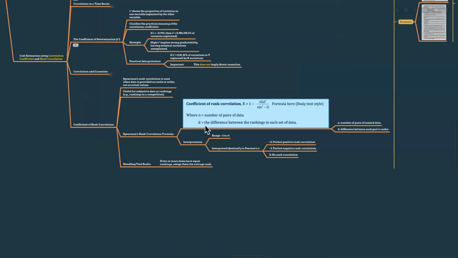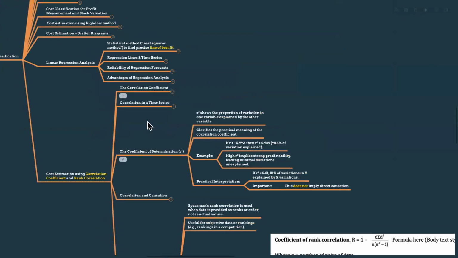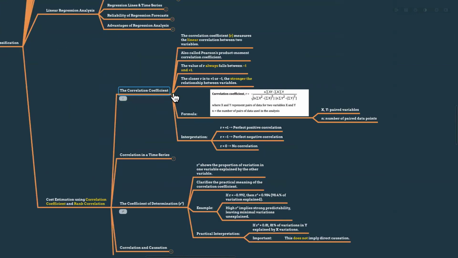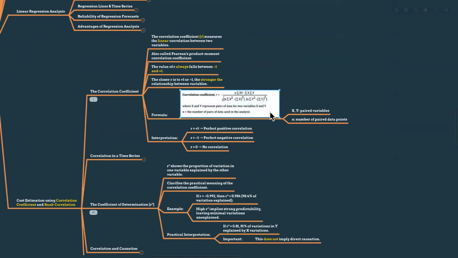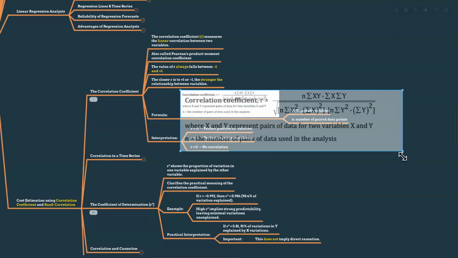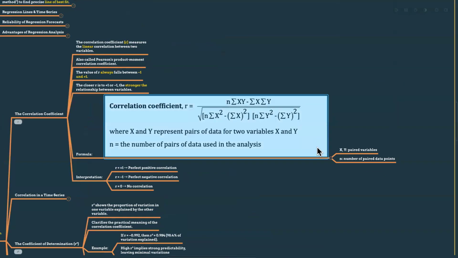Correlation coefficient R formula. So here is the formula. It's some sort of different formula. So let me take that formula to the Excel sheet. Then it's easy for us.